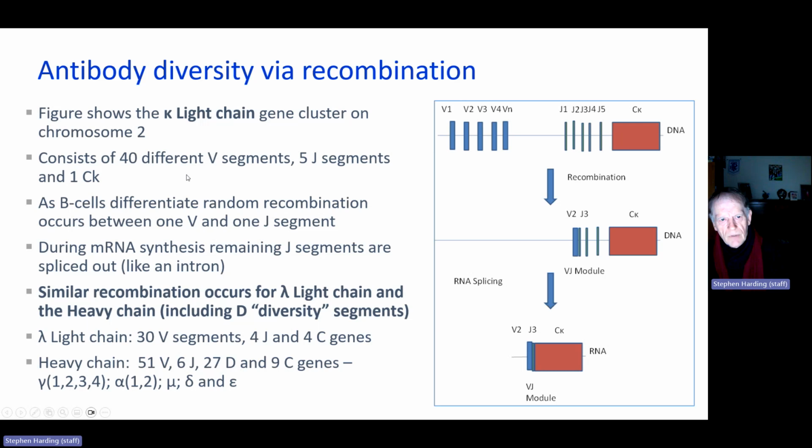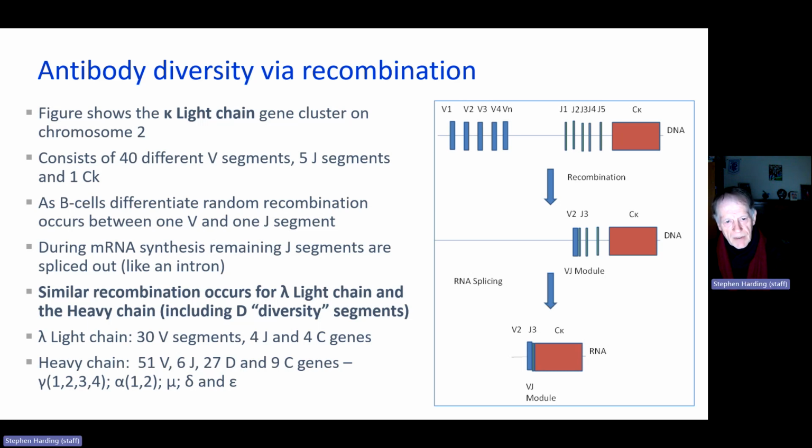And so there's 40 different V segments, 5 joining segments, and 1 constant segment. So as B cells differentiate, random recombination occurs on the DNA between 1 V and 1 J segment.